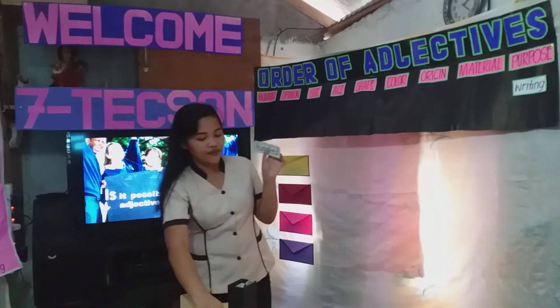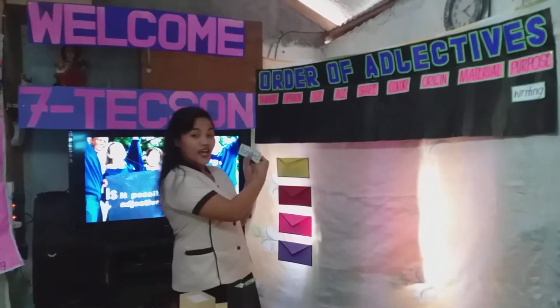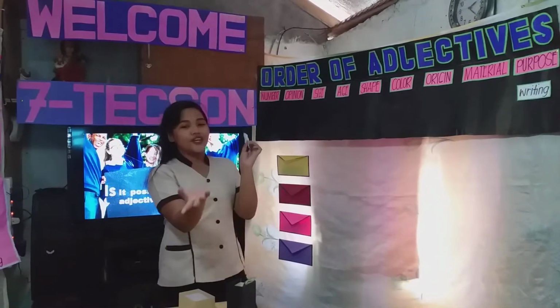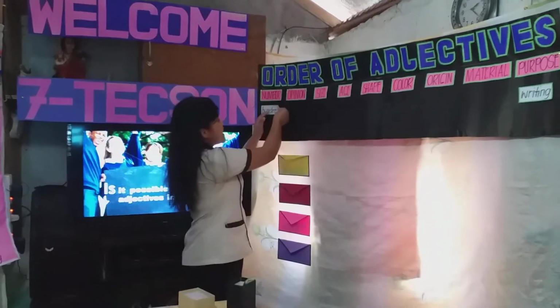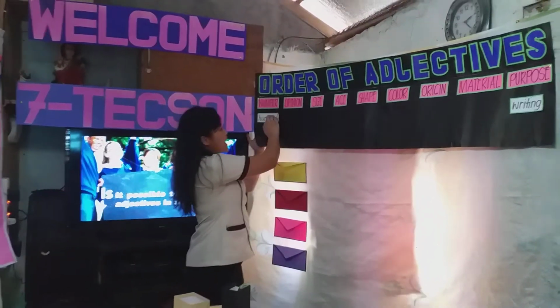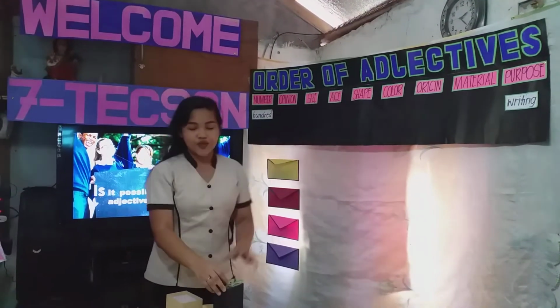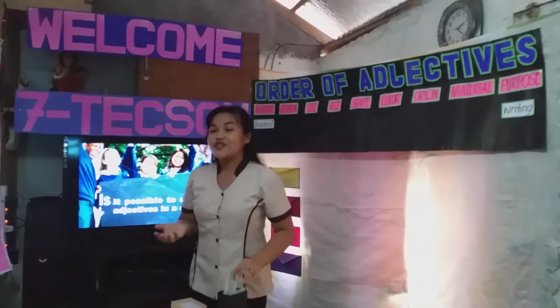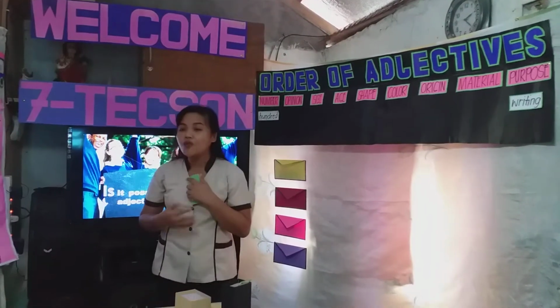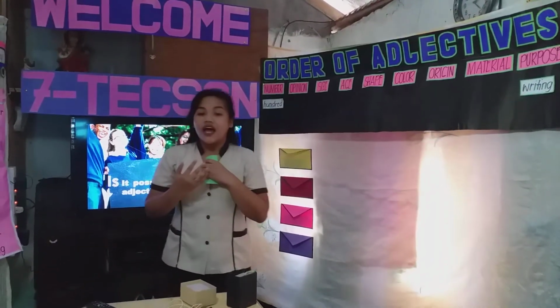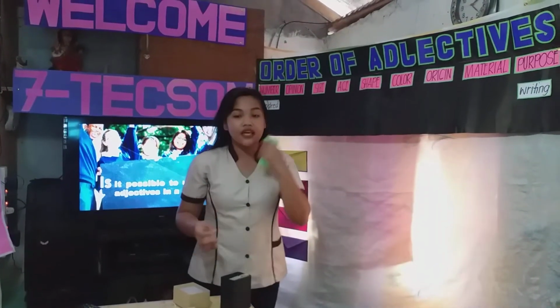So what type of adjective is this? Very good. 100 is in the number type of adjective. Okay, so what is number again? So number describes how many of the noun you are describing.